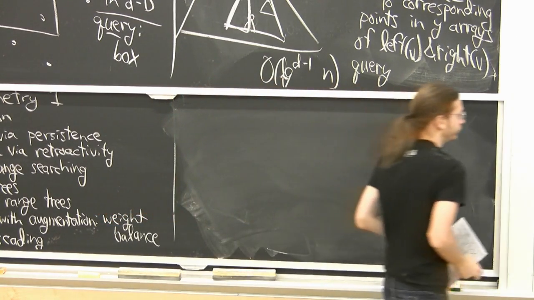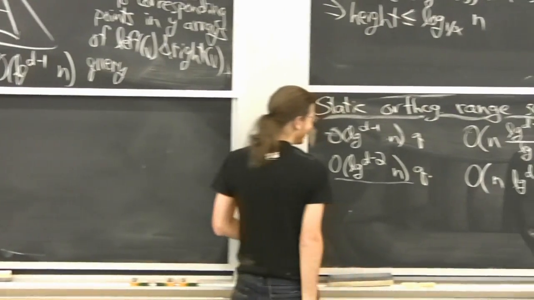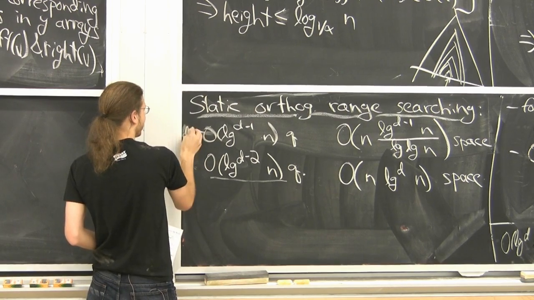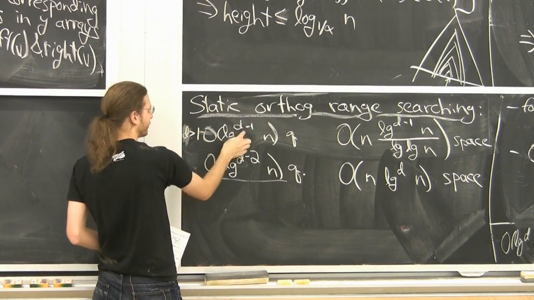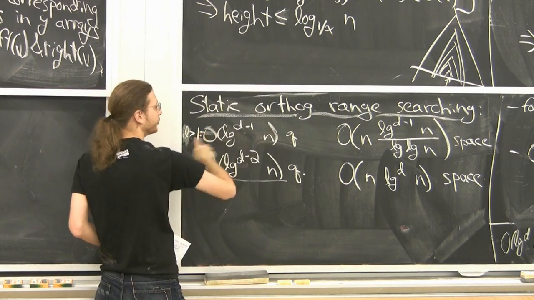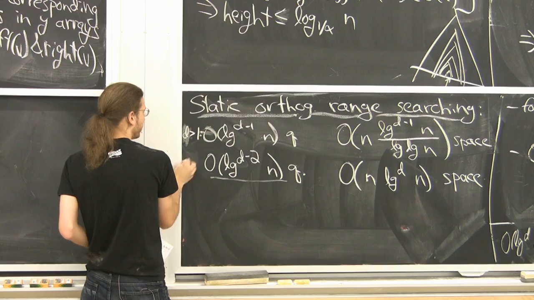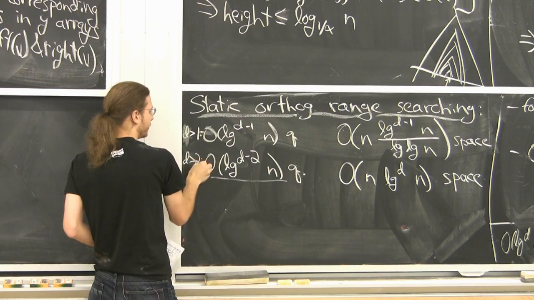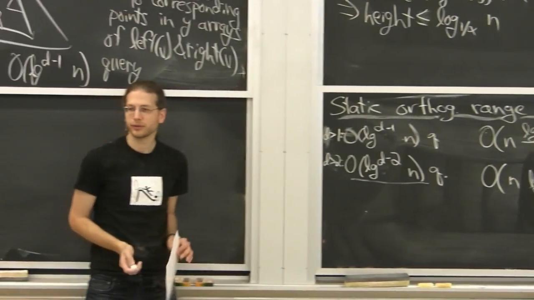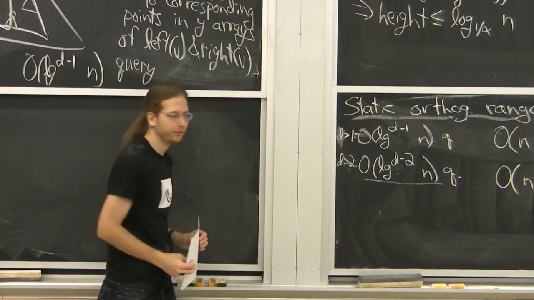For d equals 2, no, it does not work. So this is for 3D and higher. D has to be bigger than 1, because you can never beat log n. For 2D and higher, we could use the trick that we just did. For 3D and higher, you can improve by another log. We can never beat log n.